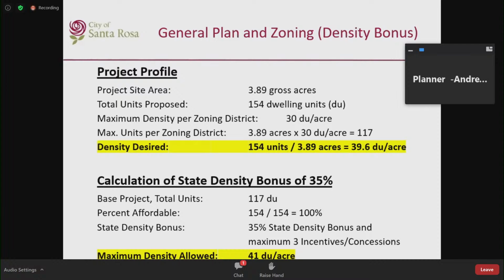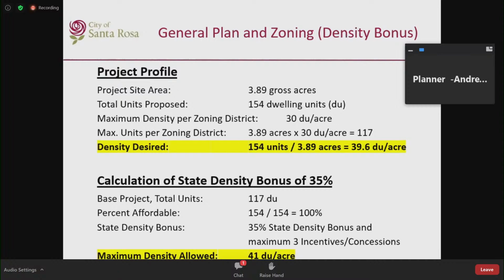So the project did apply for a density bonus, 35% density bonus. We can see here the project site area is 3.89 gross acres. The proposed number of dwelling units is 154, and the general commercial zoning district does allow a maximum of 30 dwelling units per acre. In order to achieve the density desired, the project would have to have a maximum density of 39.6 dwelling units per acre.